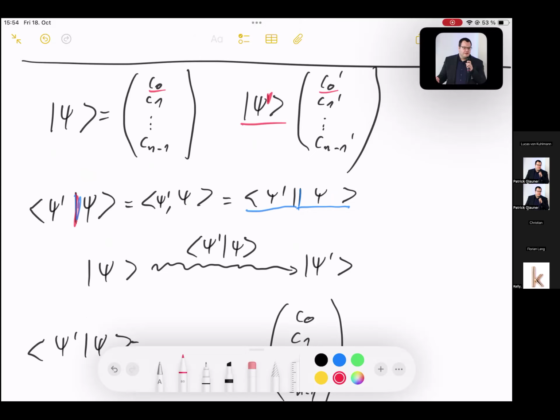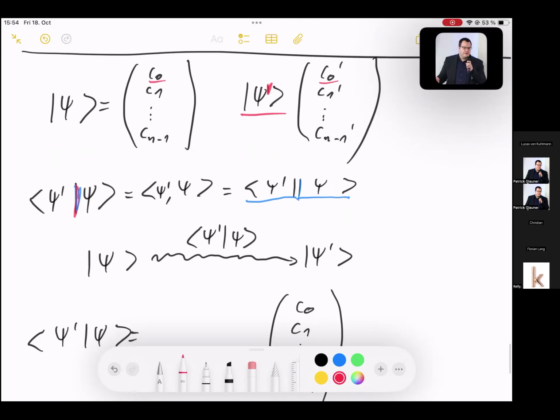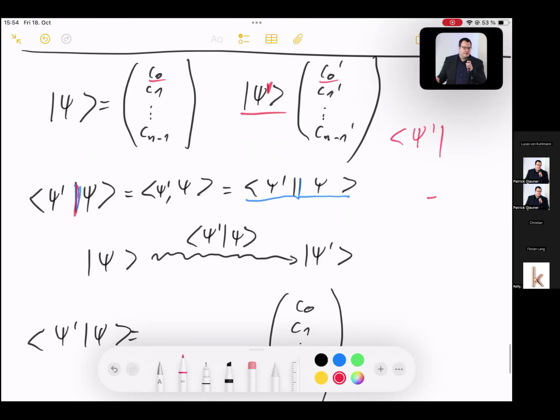That means psi prime bra is the same as psi prime ket, and we apply the dagger to it. It's what we just introduced before.